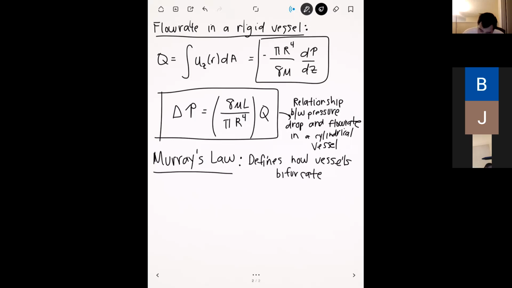What do I mean by bifurcate? That might be a new term. When I say bifurcate, that's when a vessel splits off into two. Schematically, you might have a vessel that comes in, and then it bifurcates, splitting into two branches. It looks just like that.